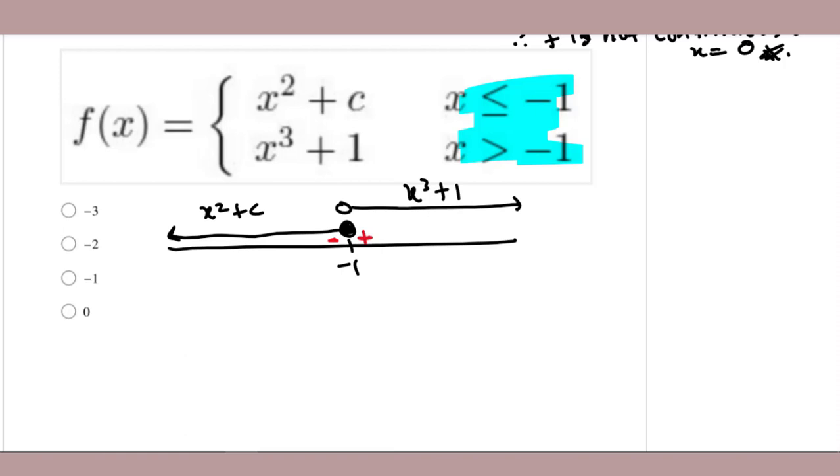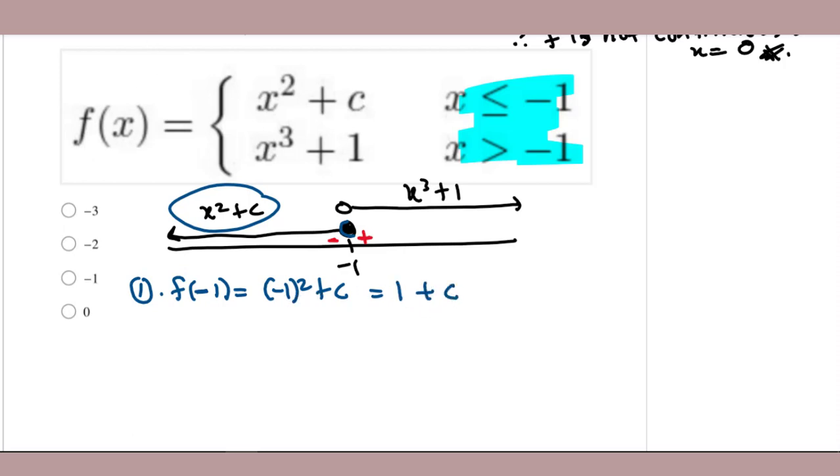First step, f of negative 1, substitute on the function itself. If this one is defined, continue to the second step. Negative 1 lies here, and this one is a closed circle. We choose the function x squared plus c, so negative 1 squared is equal to 1 plus c.